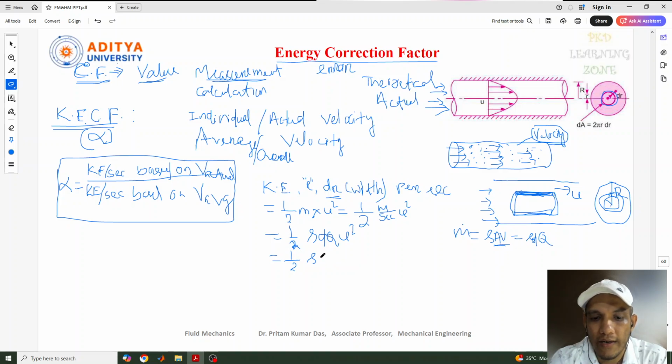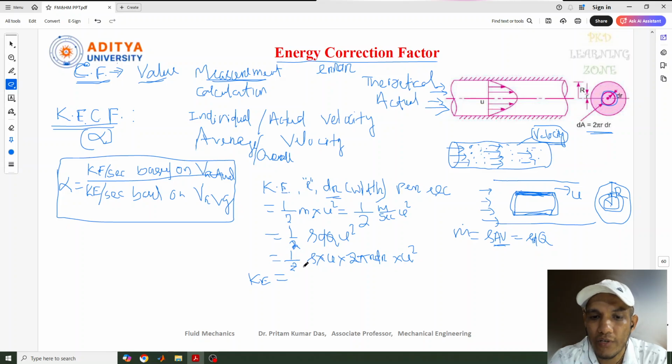Velocity is u as usual, and area I can write as 2 pi r dr. Okay, 2 pi r dr is nothing but the perimeter and the thickness. Thickness is dr, and the perimeter we consider 2 pi r. So I write 2 pi r dr into u square. Now this 2 can be cancelled.